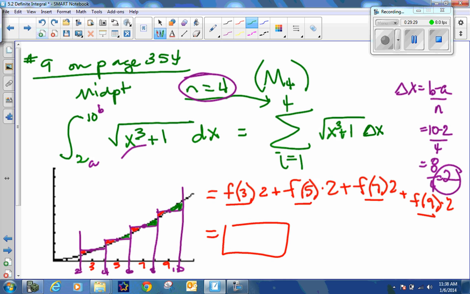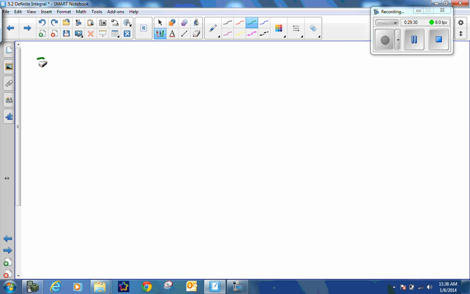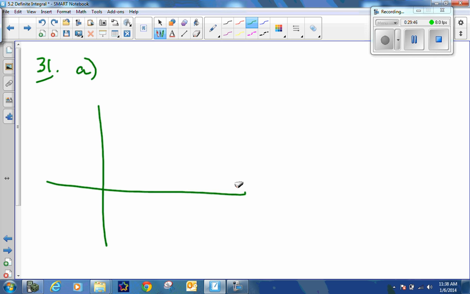Let's take a look at number 31. It has a graph of f, and it says evaluate each integral by interpreting it in terms of area. So this is when we're going to do the area that we talked about. I'm going to draw a very rough graph that goes straight over, down, and up like this.